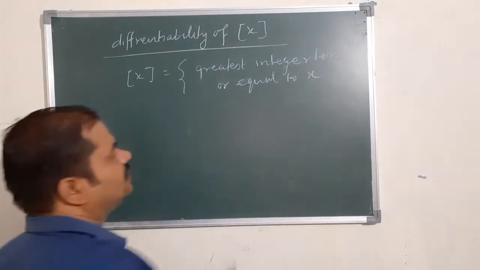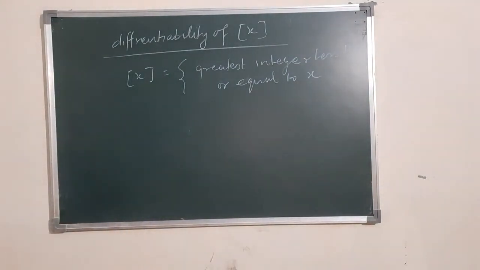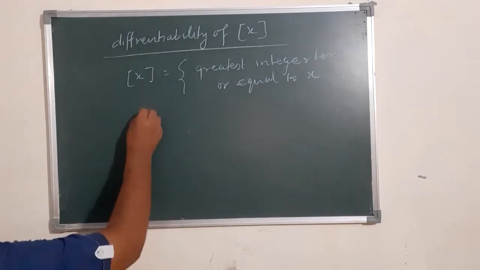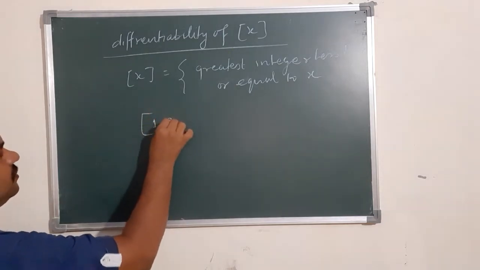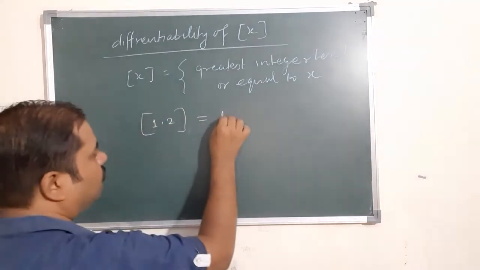That means if you consider [1.2], then this is 1.